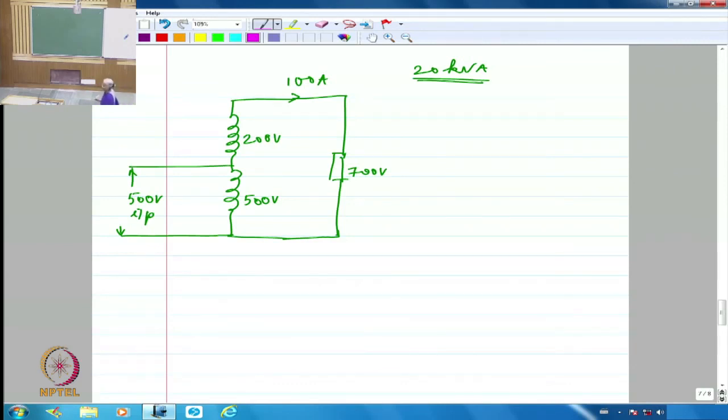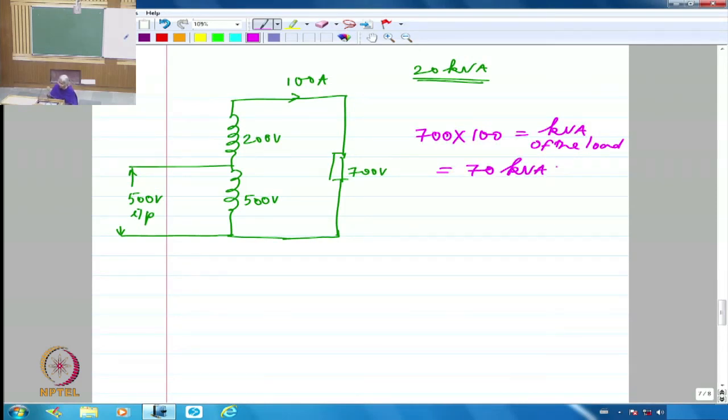And now the total thing I am getting is 700 multiplied by 100, the total kVA of the load. So how much is it? 70,000 VA. From which we should be able to calculate the current here.